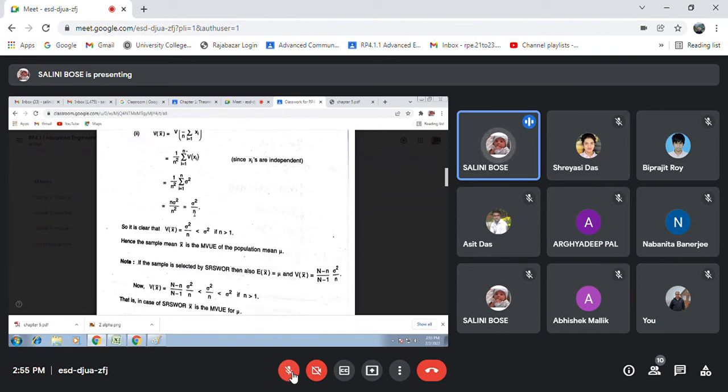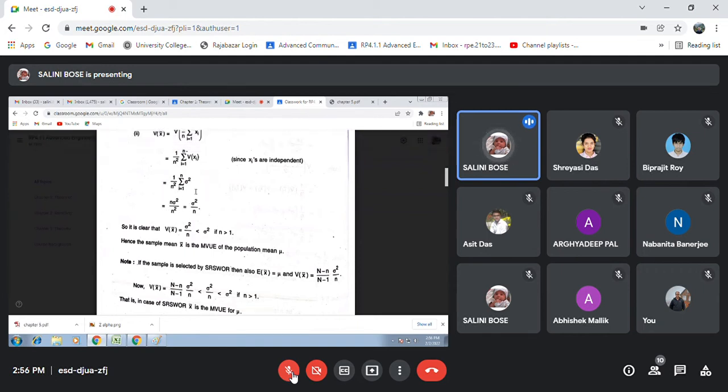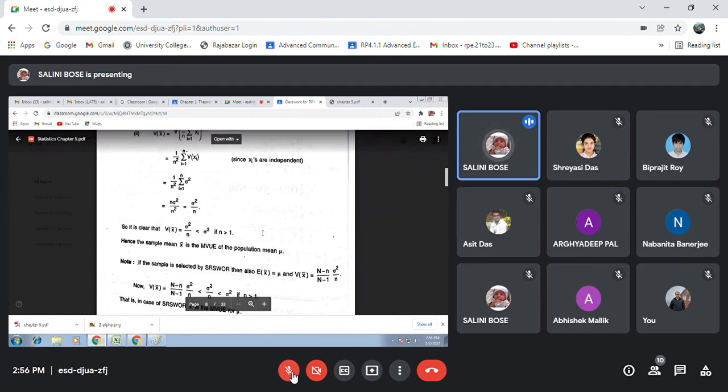we can say if n is greater than 1, then this value will be less than sigma square. So we can say the sample mean is the minimum variance unbiased estimator of the population mean mu if n is greater than 1.